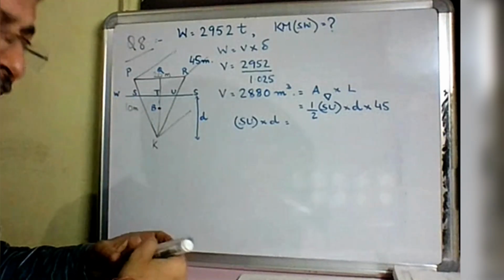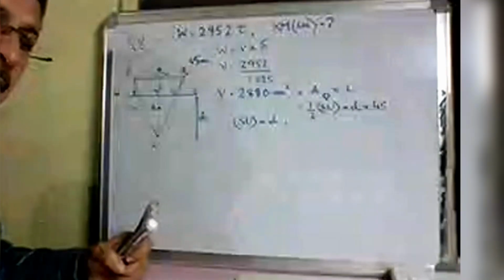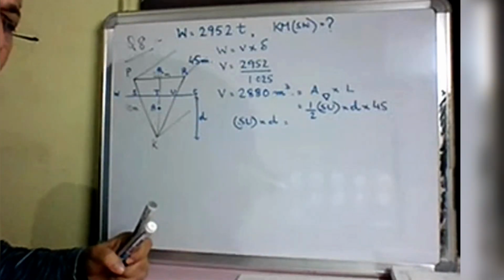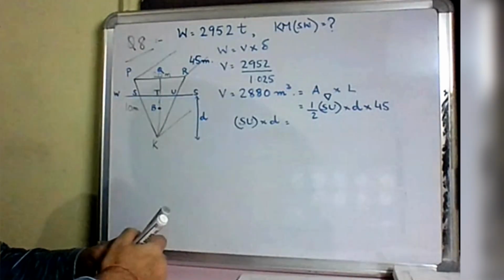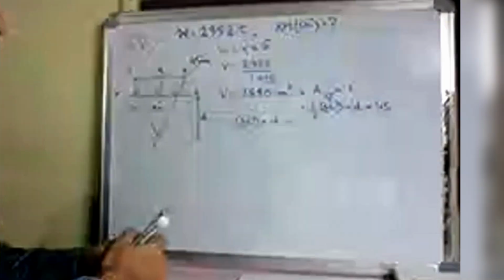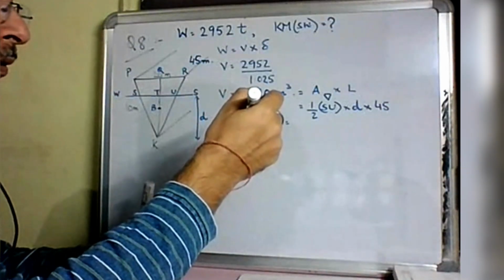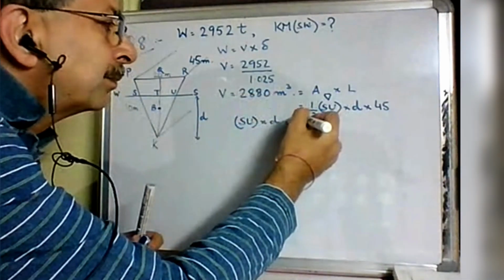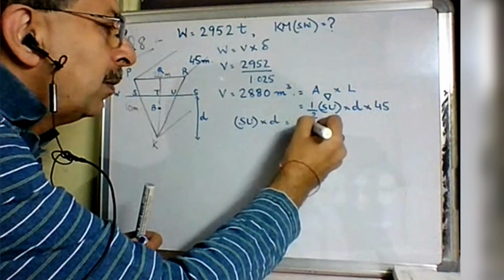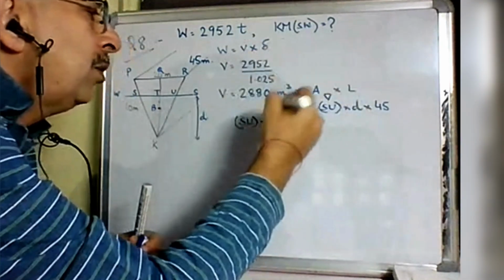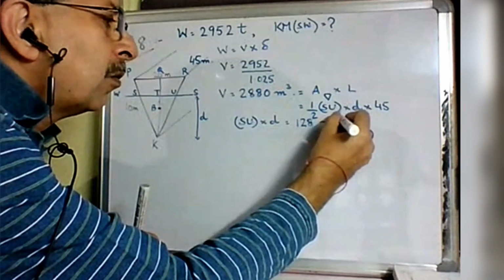How much is that? Sir, can we do it like this, 20/10 is equal to SU/D? 128. SU into D is 128 meter square.